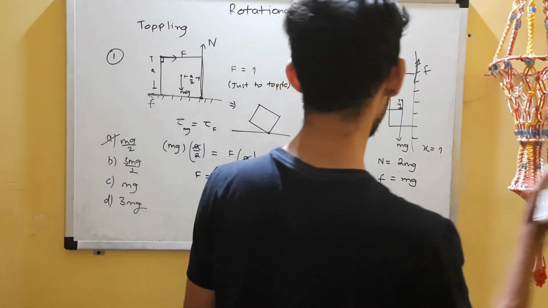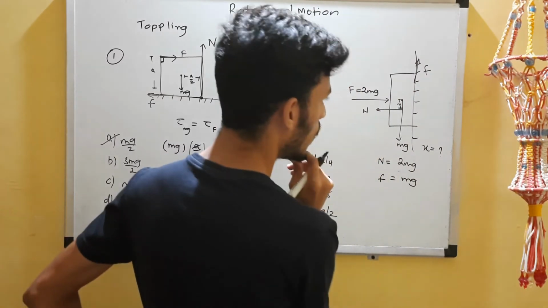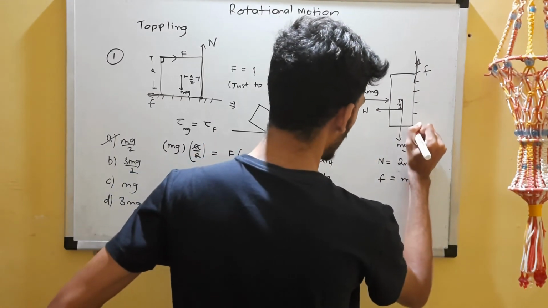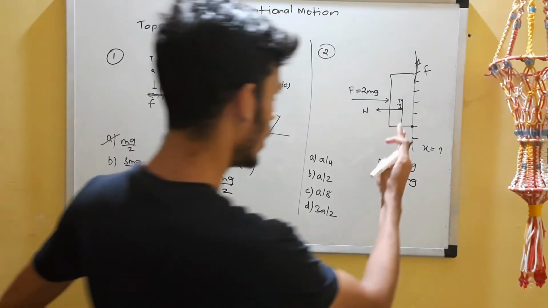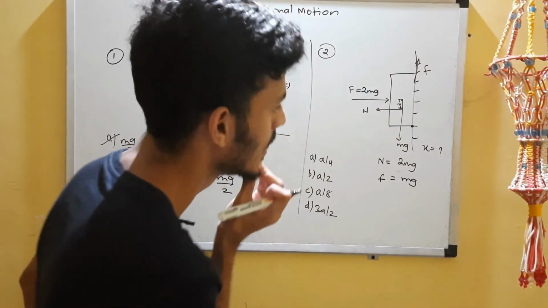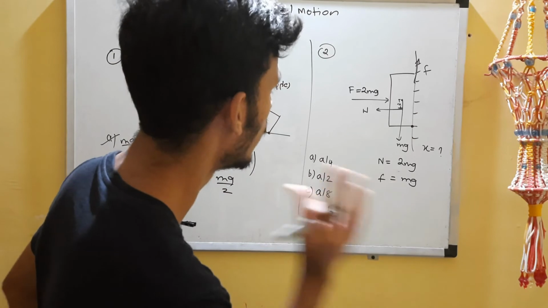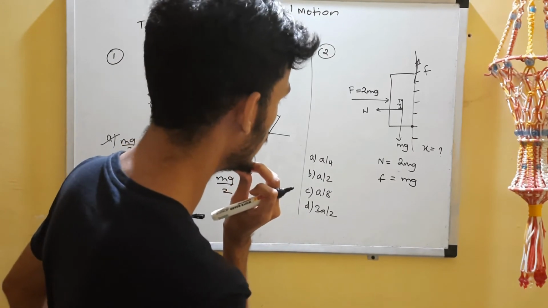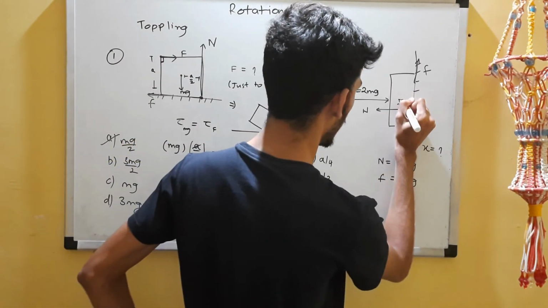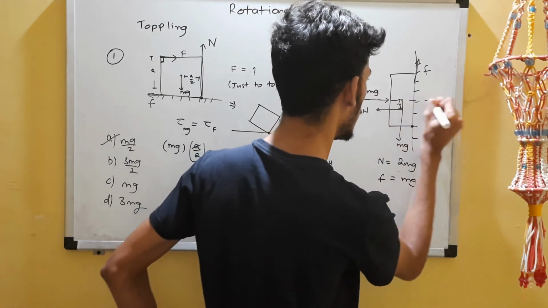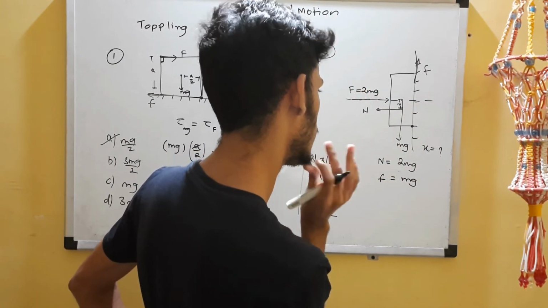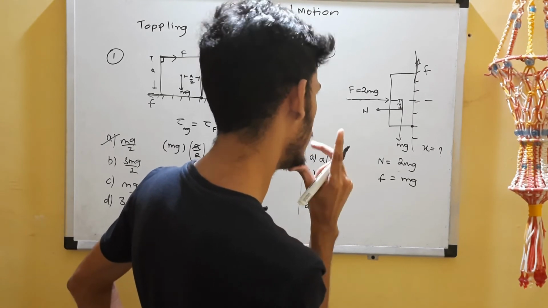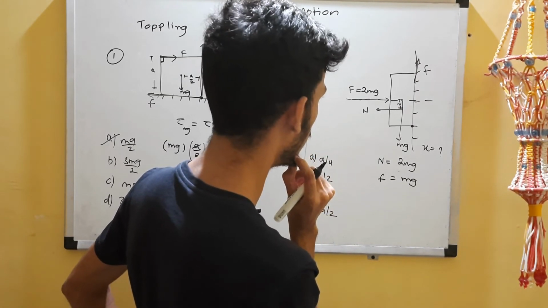Now let's balance the torque. What point can we choose? We can choose this point, of course, but there is no clear advantage that you can see. Only the frictional force will be cancelled, but the other forces will not be cancelled. So I'll choose this point, so that this force will be cancelled, and the normal reaction will remain, and the frictional force will also remain.